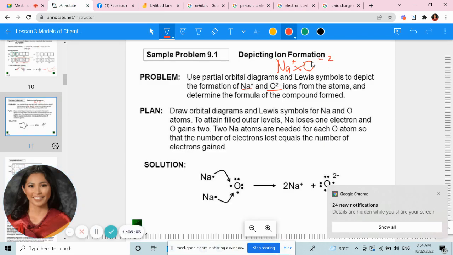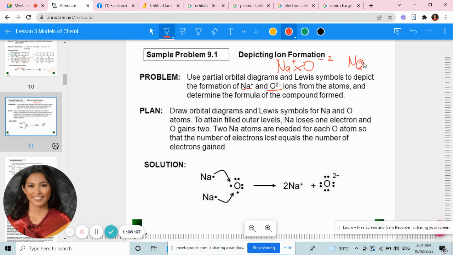Now cross multiply. We have Na2O, sodium 2, oxygen.